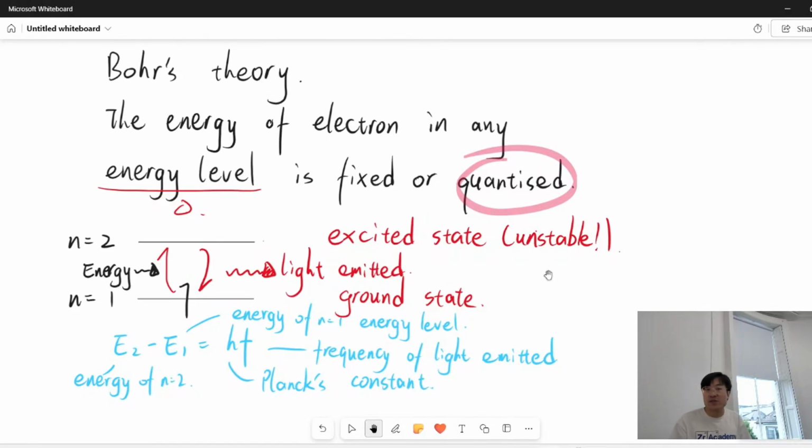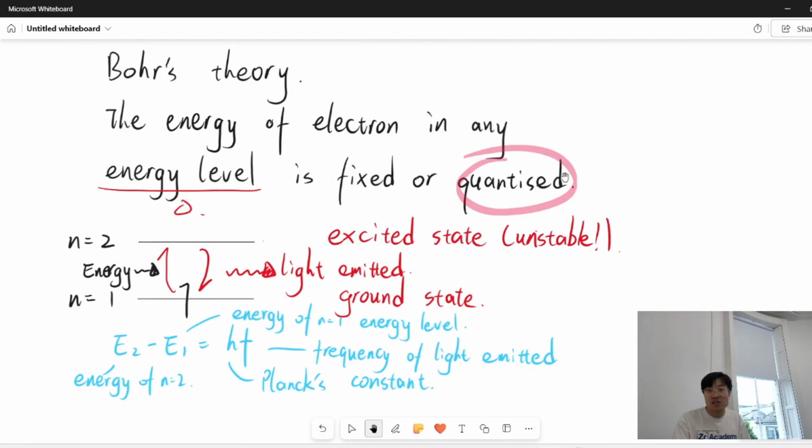So in your Leaving Cert, the question would probably be to state Bohr's theory or use Bohr's theory to explain something. Whenever a question like that pops up, you should always consider writing down everything here on the screen. Firstly, you include a simple statement: the energy of an electron in any energy level is fixed, or we call it quantized.